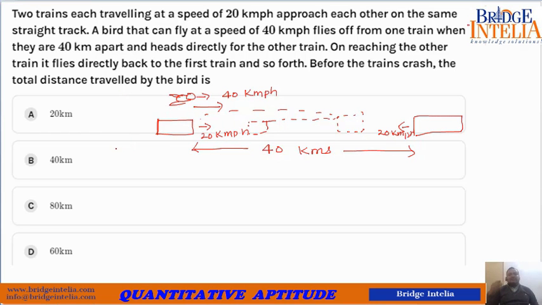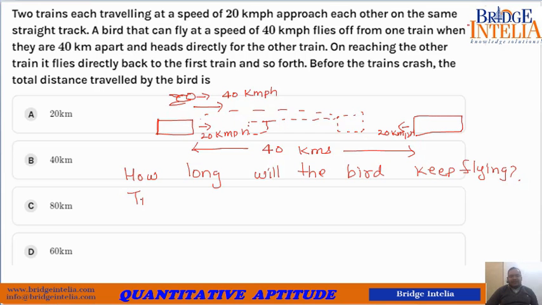This question looks very complicated but becomes very easy if you answer a simple question. The question is, how long will the bird keep flying? For how long will the bird keep flying?